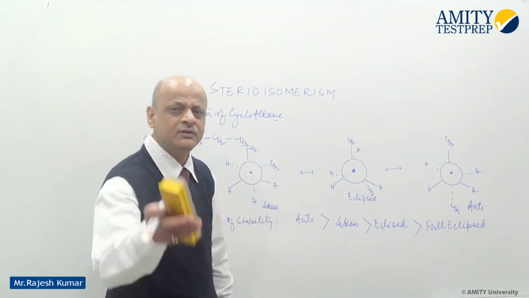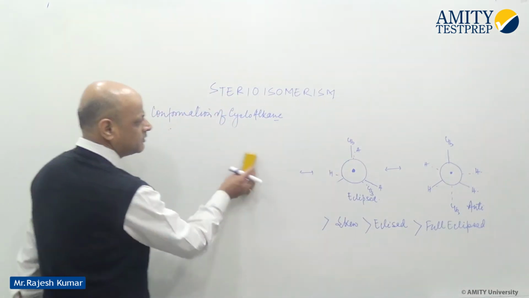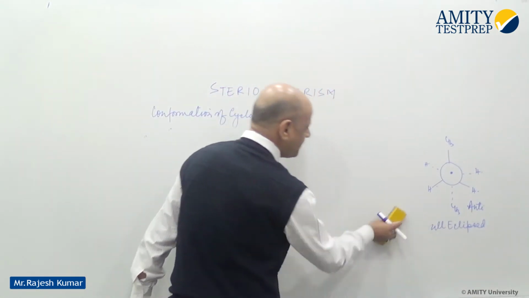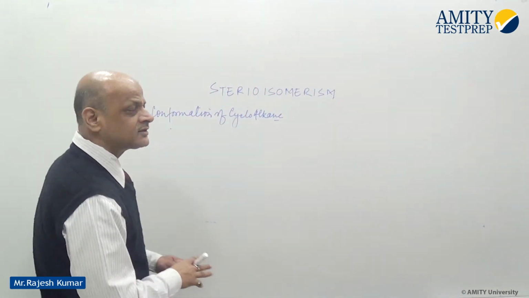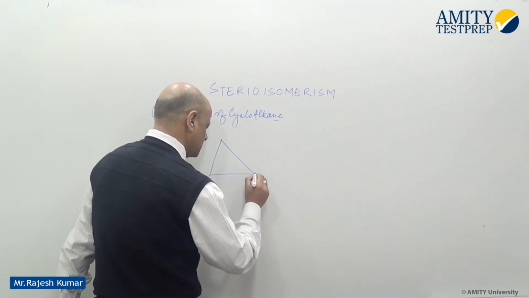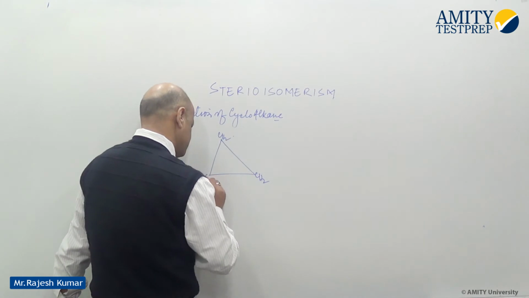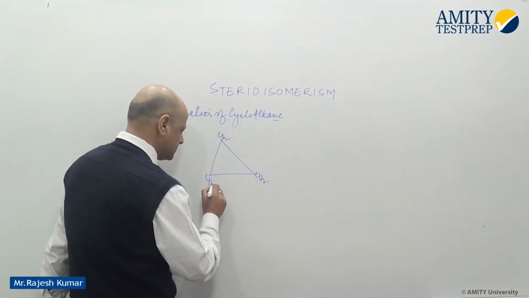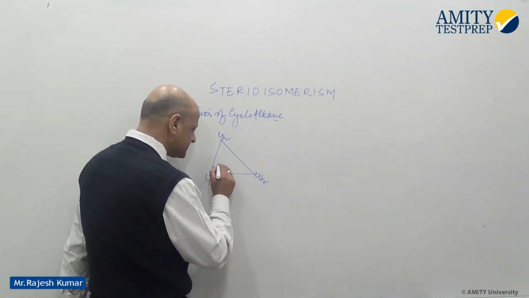Take the example of cyclopropane. Cyclopropane is a 3 member ring structure. So the bond angle here is 60 degrees.